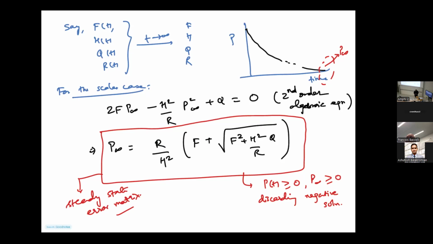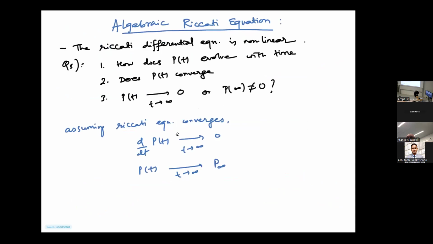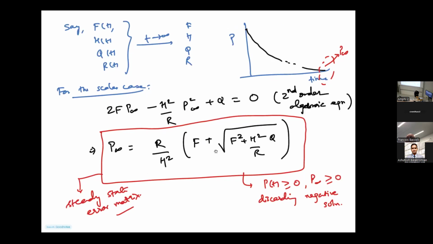And this expression is the steady state error matrix. So far, this analysis was done assuming that the Riccati equation converges. But even if we don't assume the Riccati equation to converge and perform the transient state analysis, it also comes out to be the same expression. So the idea is to observe how P varies with time and whether it converges or not.